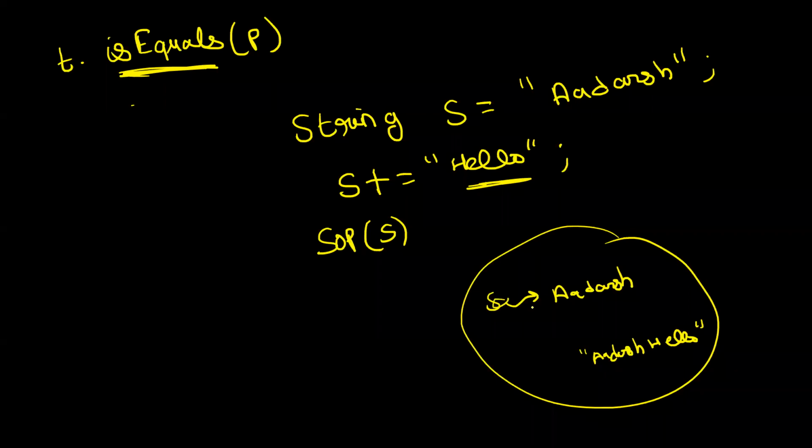And this S will now be pointing to this string object. This Adarsh will remain in my memory somewhere. But now S will be pointing to a brand new string object. So you might get the impression that the contents of S is changing, but actually the contents of string S has not changed. A brand new string has been created and S is pointing to this brand new string object.